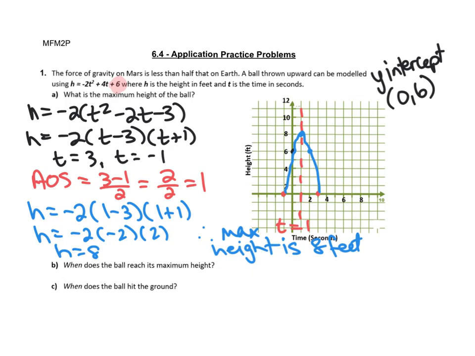When does the ball reach its maximum height? Well, we know that our axis of symmetry, time equals 1, is when our ball reaches its maximum height. So the ball reaches its maximum height at 1 second.